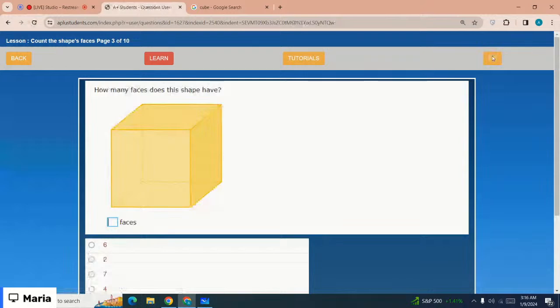How many faces does this shape have? Which is the correct option?